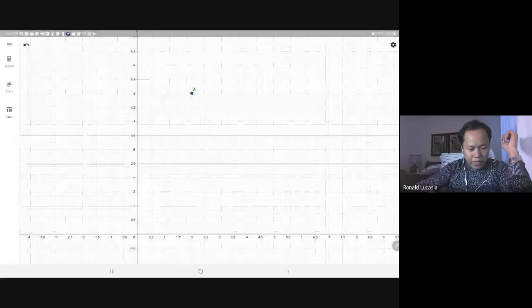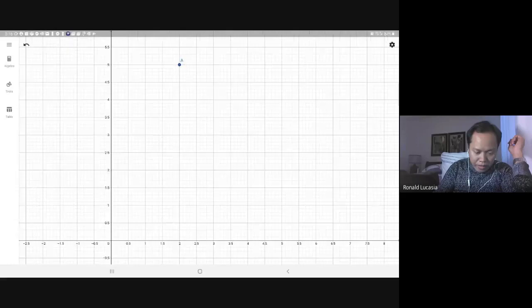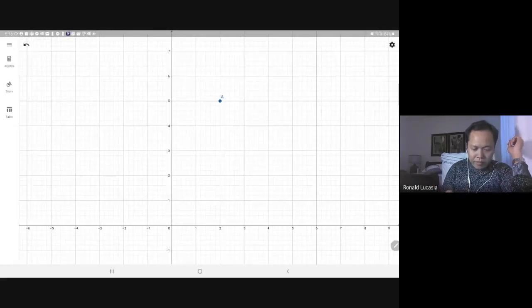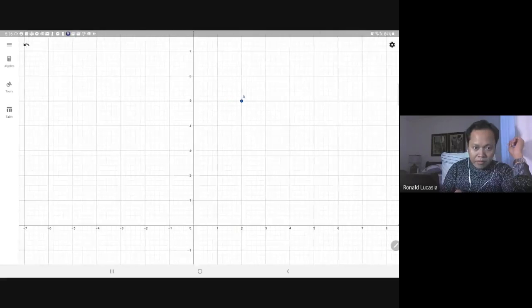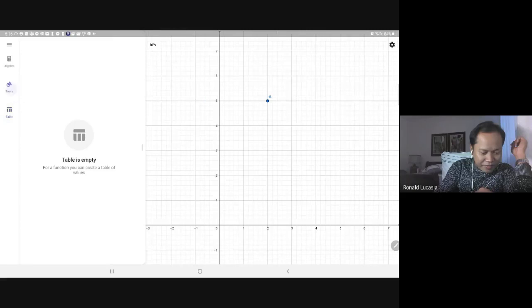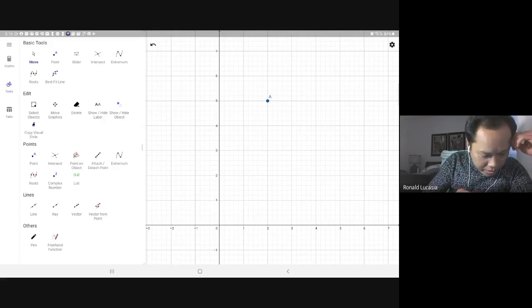This is the point. The graph must be tangent to this part. Okay, this part.